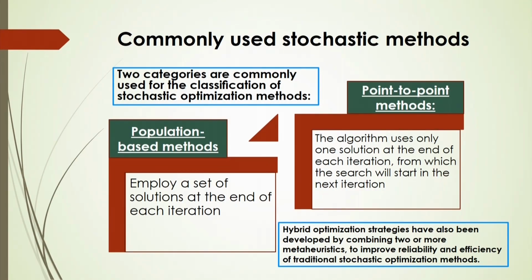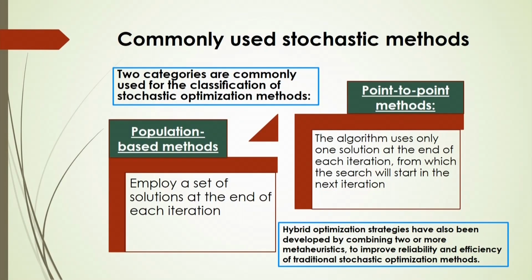In this case, they generally employ a set of solutions at the end of each iteration. Whereas point to point methods provide, based on the algorithms being used, only one solution at the end of each iteration, from which the search will start in the next iteration.